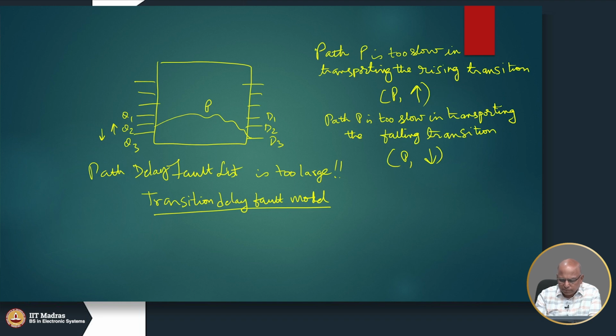In the same way, if there is a path like this, instead of looking at the entire path, we will say, look, there are these wires. Let us call these wires x0, x1, x2, x3, x4, etc.